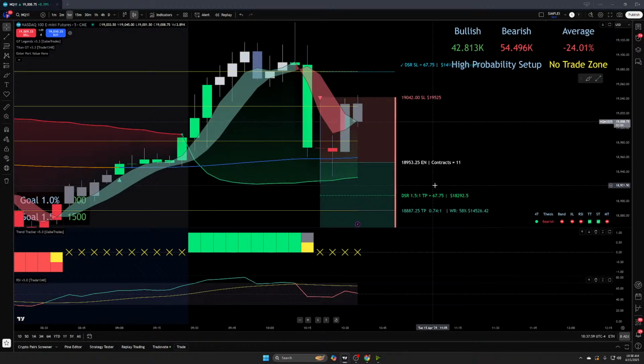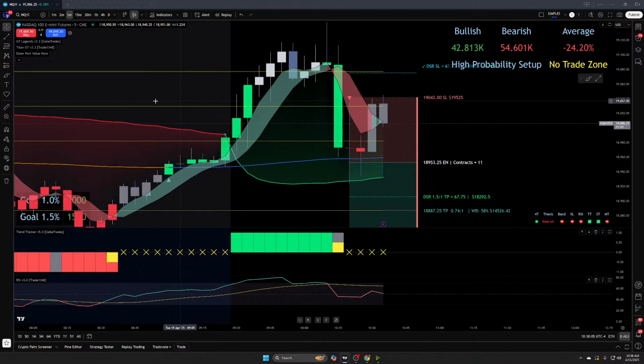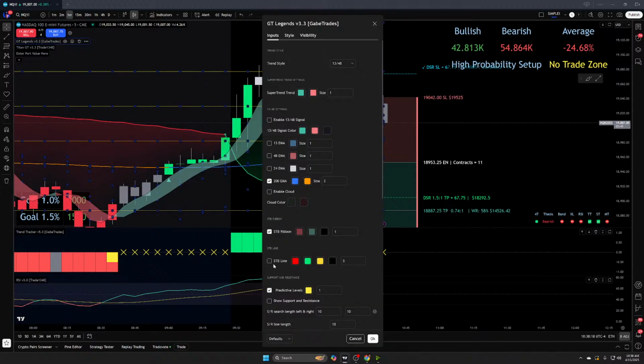Coming back here, a lot of nothing. We're 50% just chilling. Now, if this was a little bit too late for you, this STB, well, it's not the STB, but it's a trend tracker notification that the trend is over. When we go back into GT Legends, we can turn on the STB line.